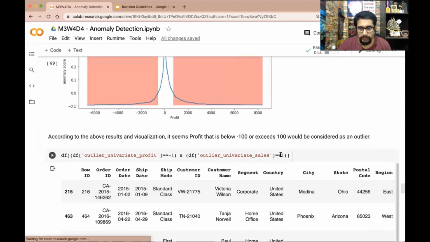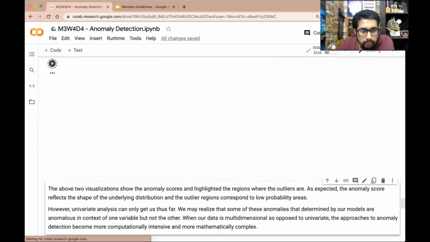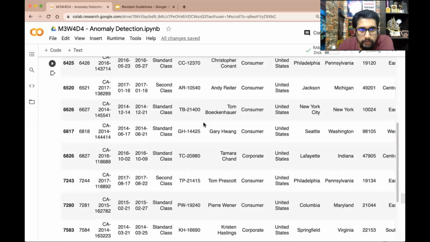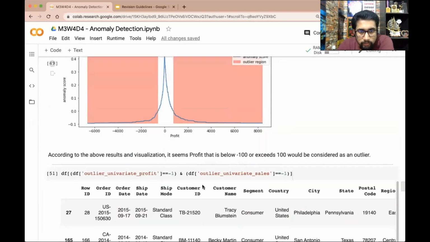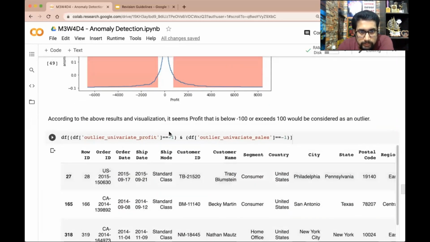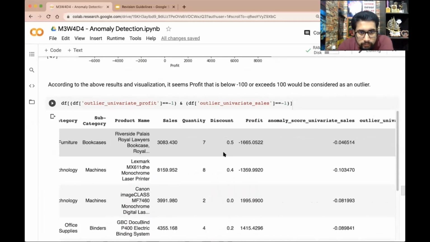So let's see which rows are anomalies both in terms of profit as well as sales, right? Just trying to look at those examples. There are a lot of anomalies which are both anomalies in terms of profit as well as in terms of sales. See, you have sales values which are high, and you have profit values which are very negative.